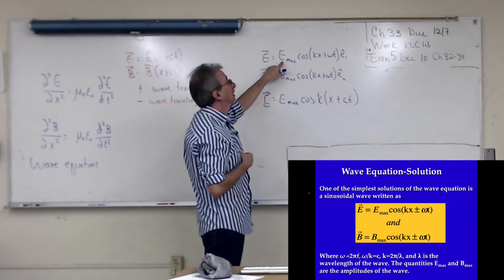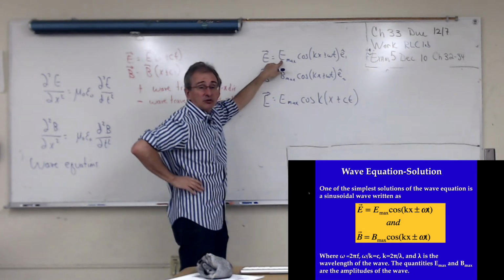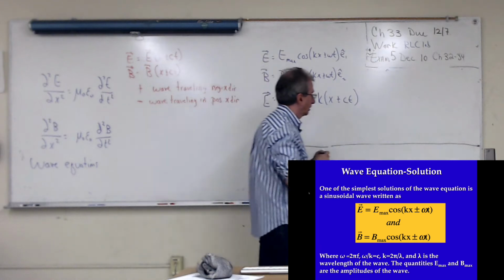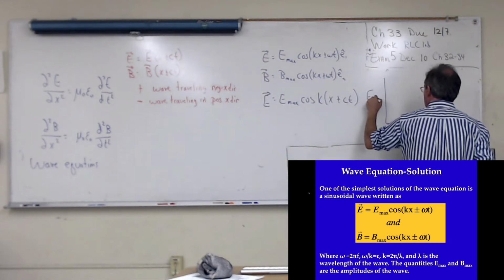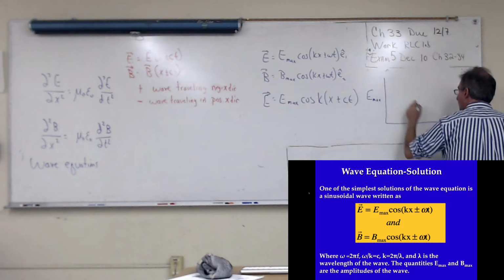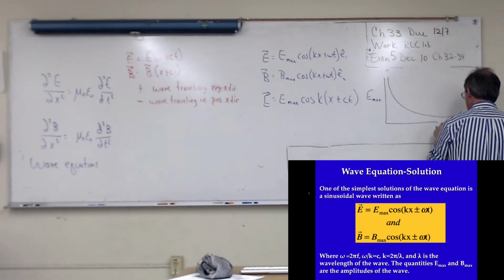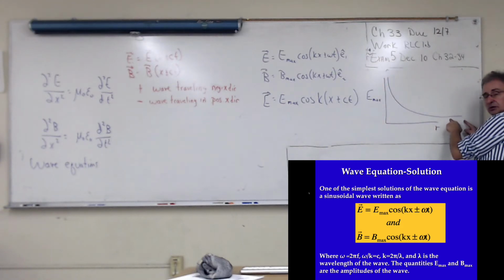In reality, this depends on 1 over r. So if you plotted the amplitude as a function of r, it goes like this. But when you're out here, this doesn't change much. And so we write it as a constant number.